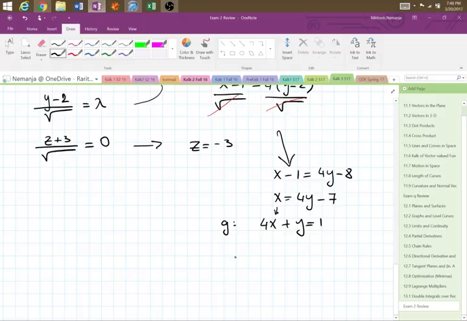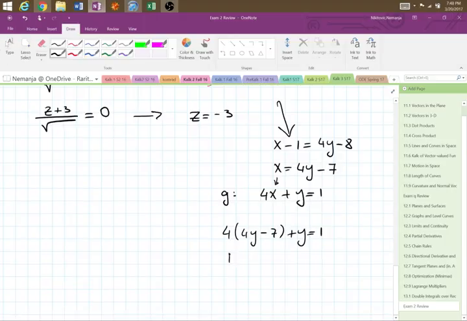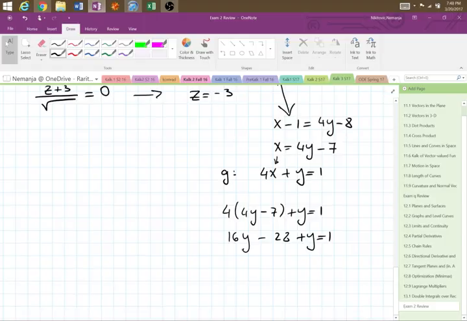I have 4 times 4y minus 7 plus y is equal to 1. So 16y minus 28 plus y is equal to 1. So that's 17y is equal to 29. Y equals 29 over 17.